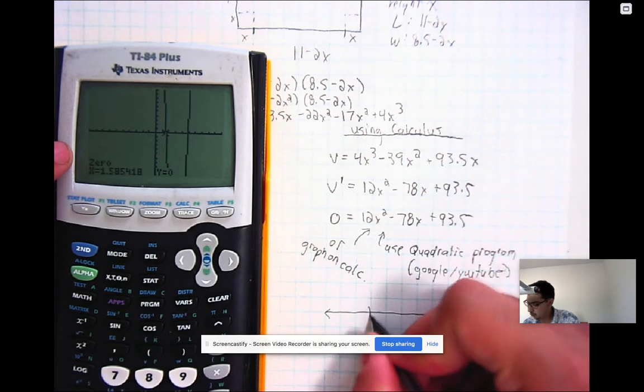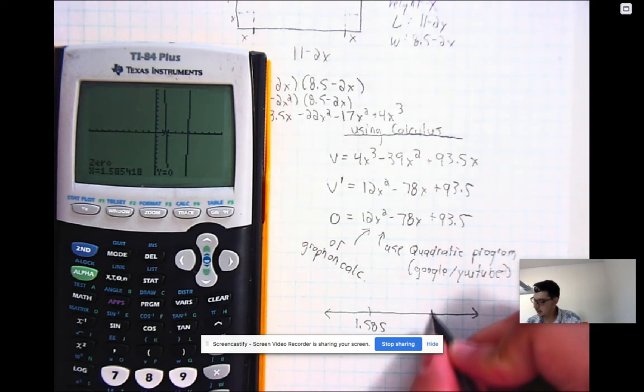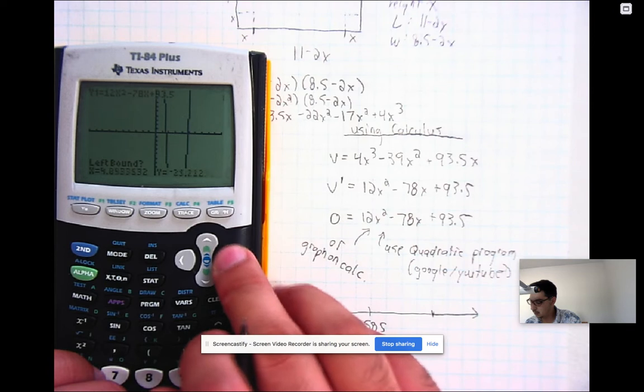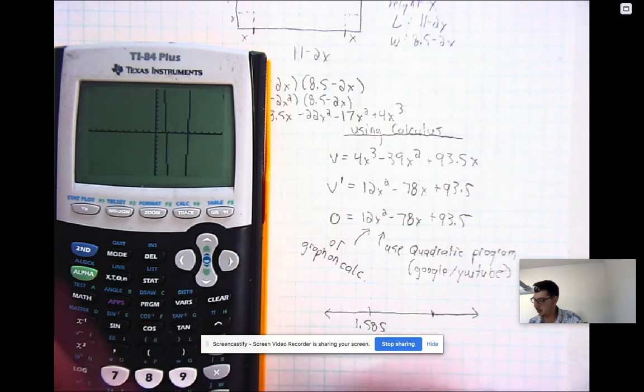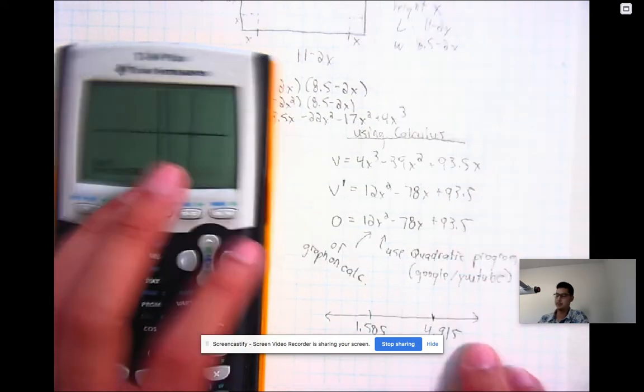So I have one zero at 1.585, and I have another zero, with a left and right guess on either side, at approximately 4.915.